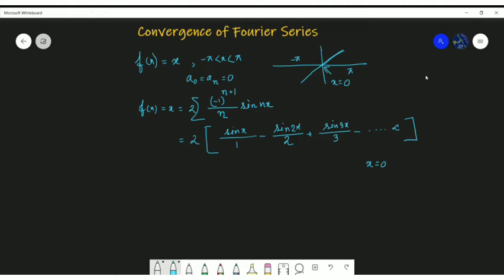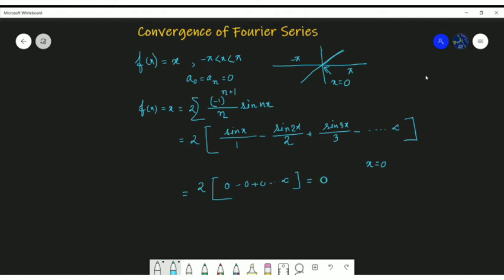If this infinite series has some finite value at that particular point, then we can say that this Fourier series is converged at that point. So put this value, it will come 0 minus 0 plus 0, all terms will be 0, so definitely the summation will be 0.